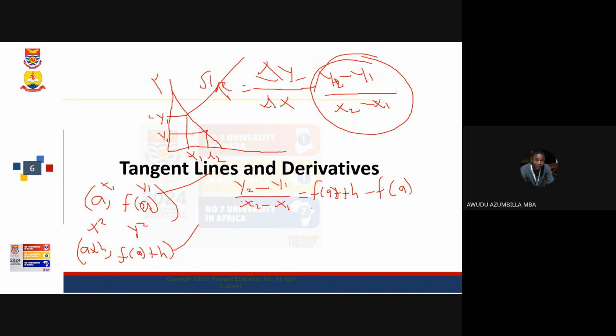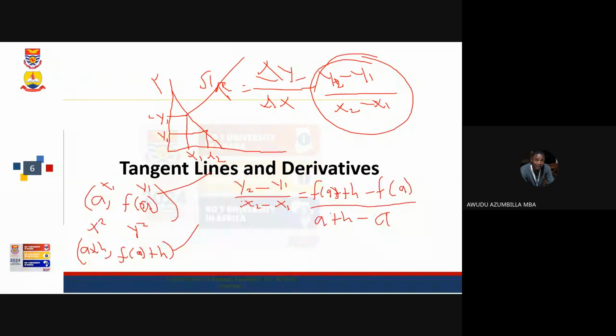Then all over my x2. My x2 is a plus h, minus my x1. X1 is a. This is the slope. We are just substituting the values of x1 and x2 in there.